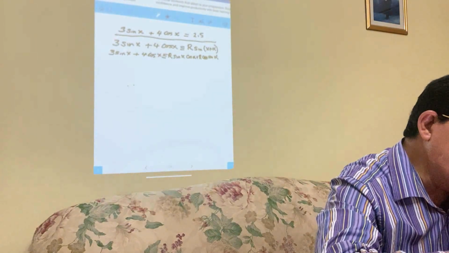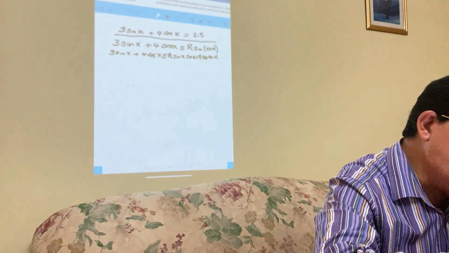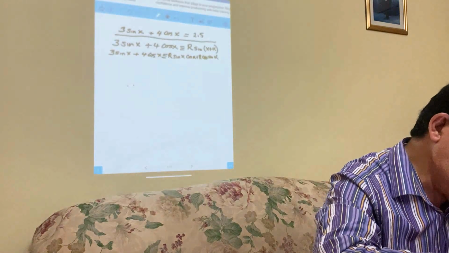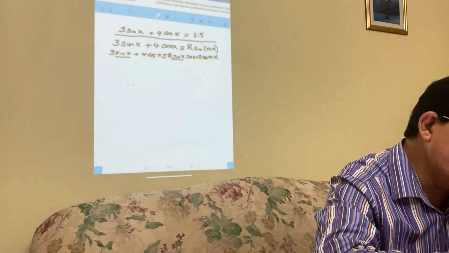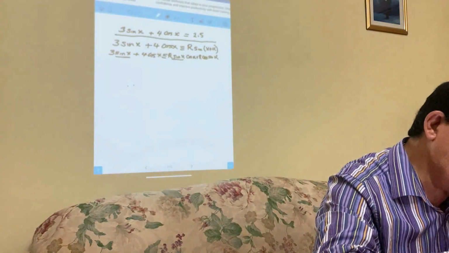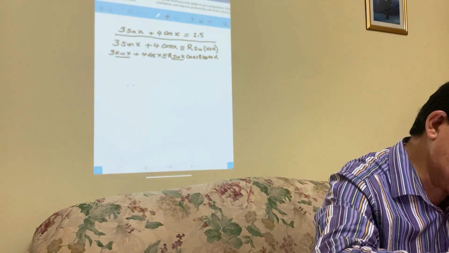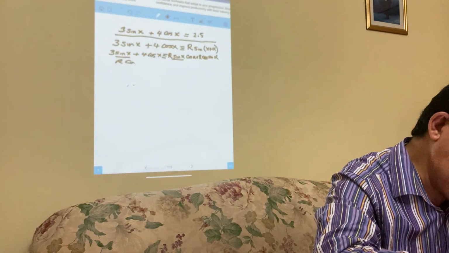This is an identity. When you have an identity, we have identical terms. This is sine x and this is sine x. The coefficient of sine x here should equal the coefficient of sine x here. This means that r cosine alpha equals 3.